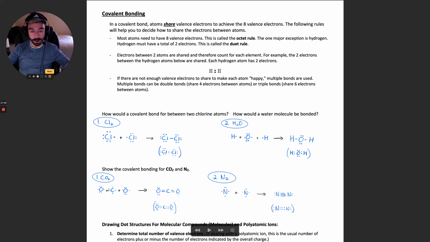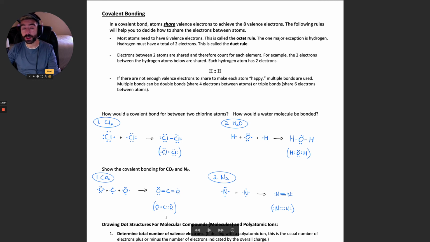So if we draw a bond here and a bond here, just 2 single bonds, carbon would have 2 left and oxygen would each have 1 left. So we do it again, and we end up with double bonds. Each one represents 2 electrons. So here we have 1, 2, 3, 4, 5, 6, 7, 8 electrons, 1, 2, 3, 4, 5, 6, 7, 8 for each oxygen, and carbon has 1, 2, 3, 4, 5, 6, 7, 8.